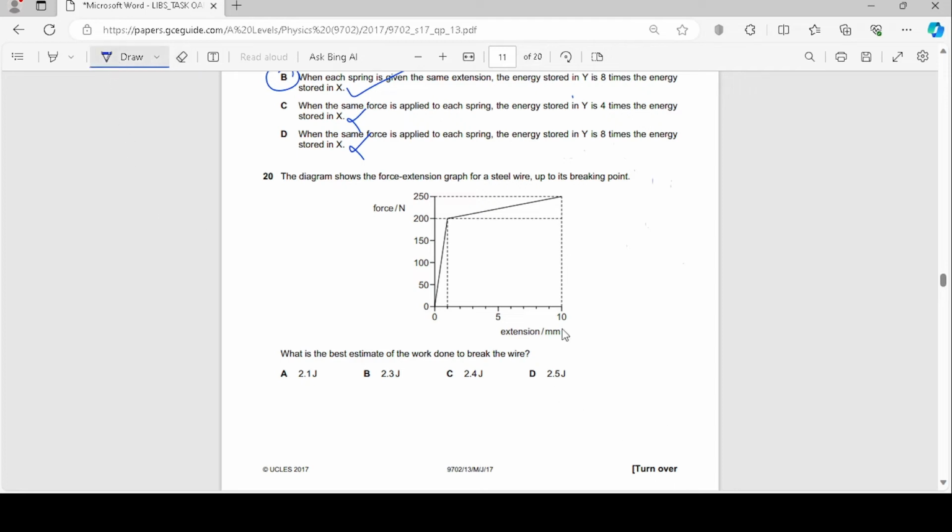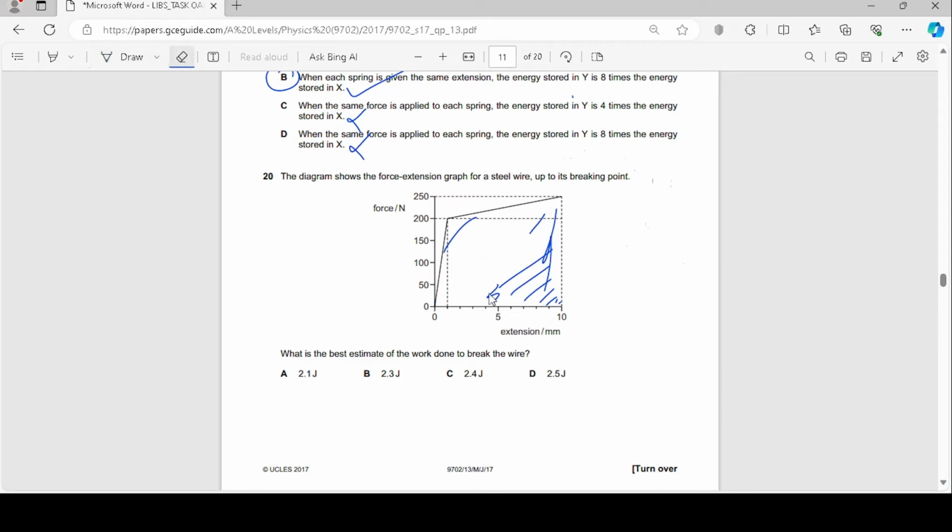As I already mentioned, for a force extension graph, the area under the curve is the work done by the spring to release the energy. I should really revise my physics definitions, but the point is, it's going to be work done.